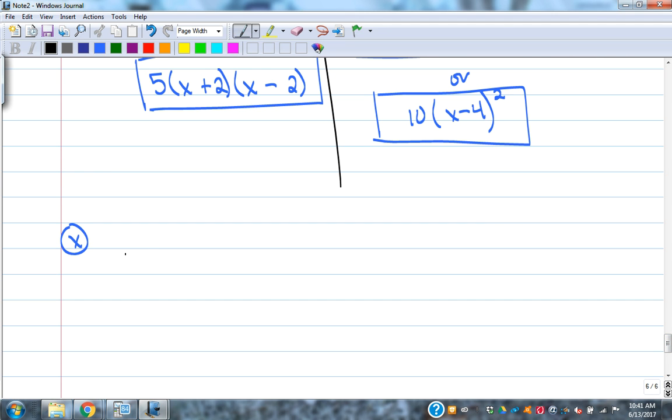Example x. So we had x to the third power minus 5x squared minus 4x plus 20. What should I try to do on this one?